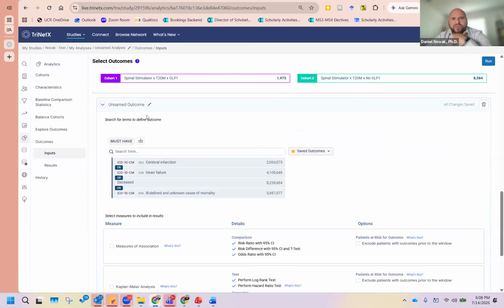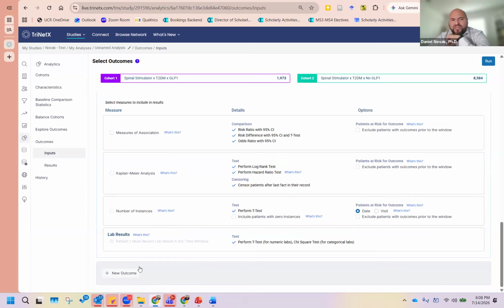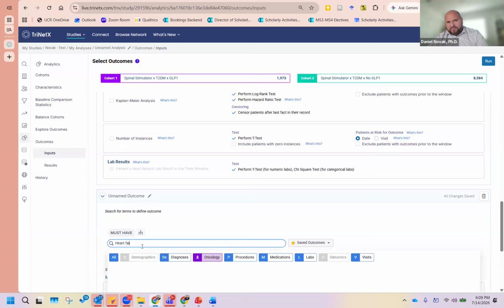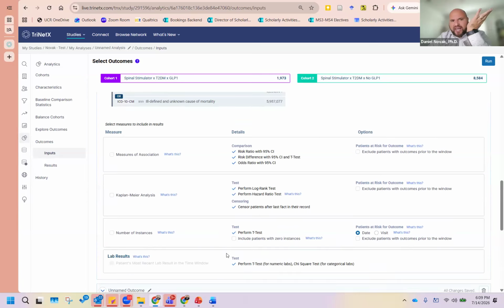So what we're doing here is, because any of these are relevant to our outcomes in this study, we can pool them all here. However, you might also decide that you only want to look at heart failure, right? Pooling these because of severity, there could be many reasons that you might want to include outcomes together or not.